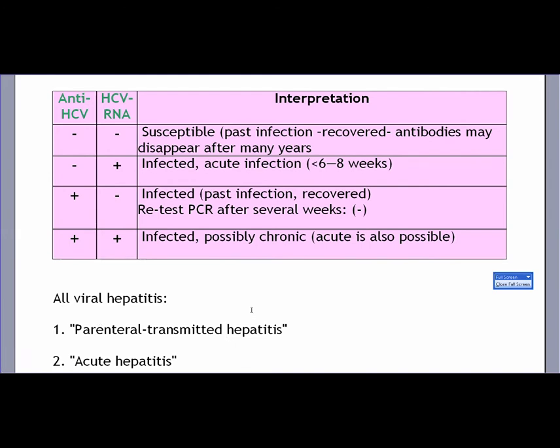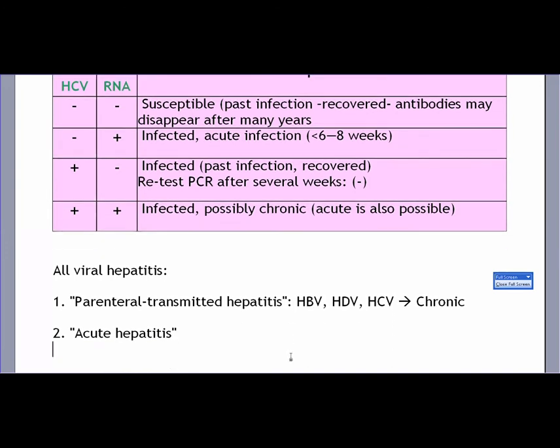Parenteral transmitted hepatitis are hepatitis B virus, hepatitis D virus, and hepatitis C virus, okay? Remember that these are also transmitted by sexual contact. These B, D, and C can become chronic sometimes, or many times. Hepatitis C, many times. Hepatitis D, many times. Hepatitis B, not many.